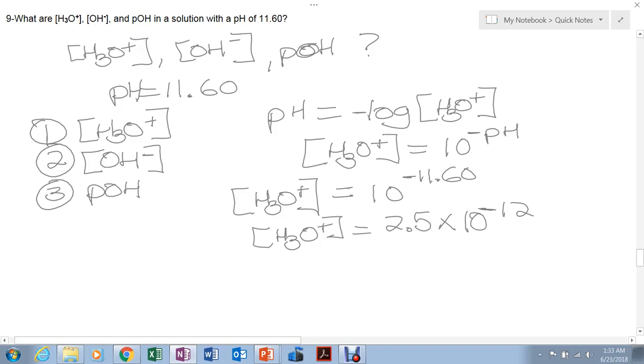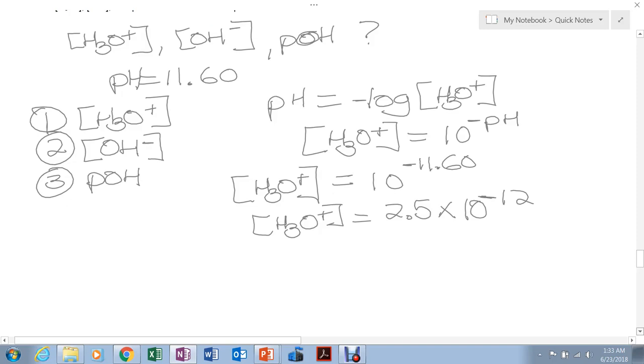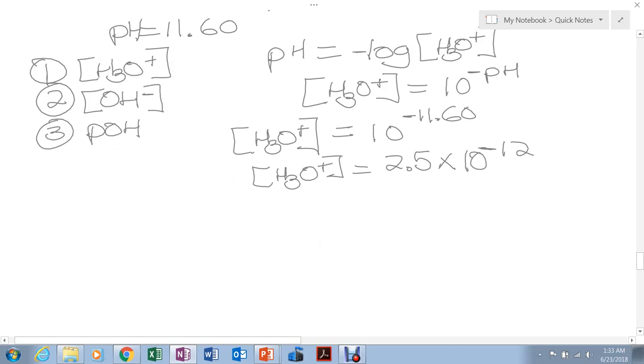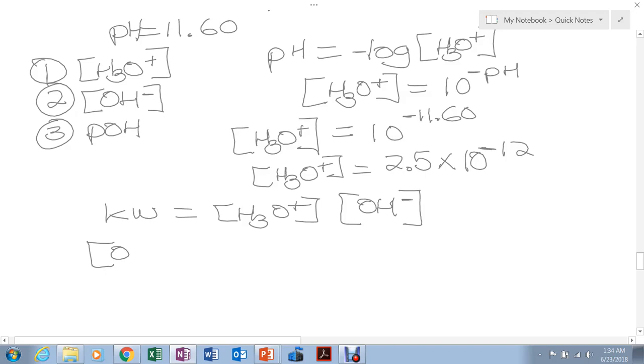The concentration of OH, now with the Kw, we find the concentration of OH. Kw is the concentration of H3O plus multiplied by the concentration of hydroxide. The concentration of OH negative would be equal to Kw divided by H3O plus.